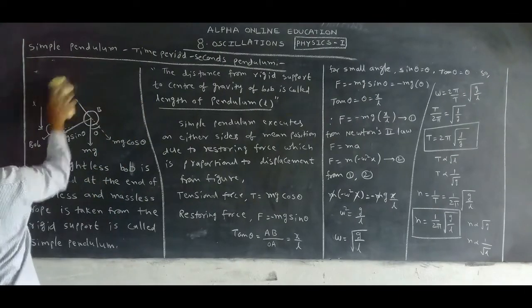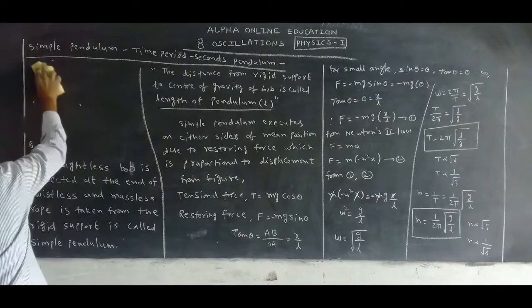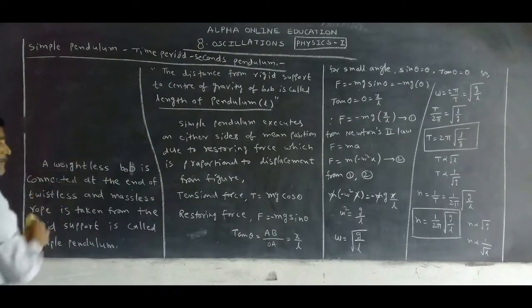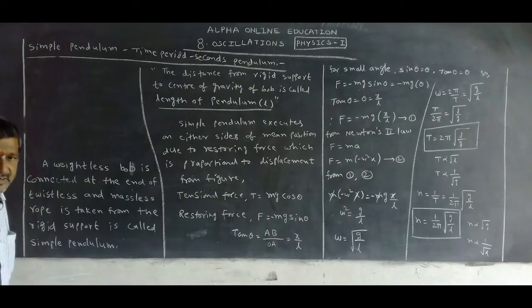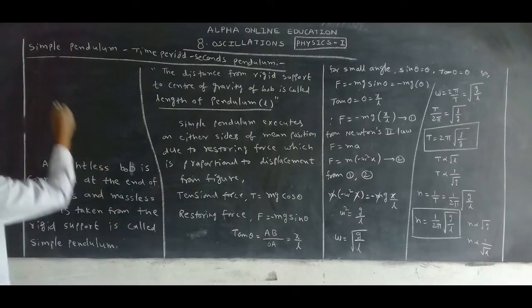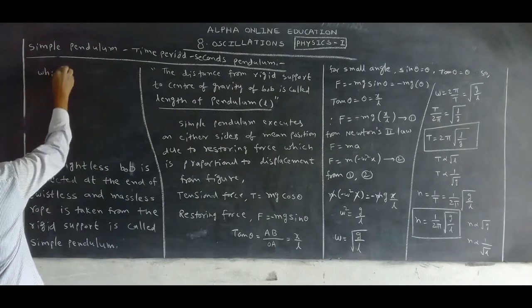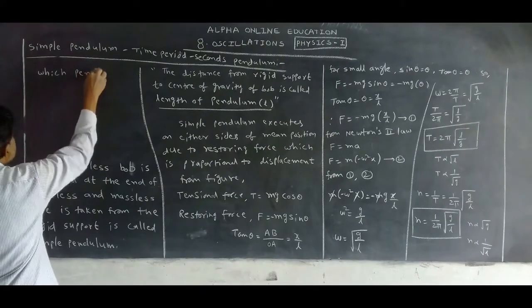Now next one, seconds pendulum. What is called a seconds pendulum? Time period means the time taken for one oscillation. Which pendulum?